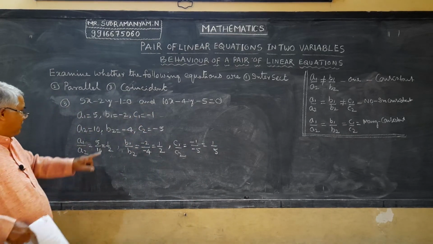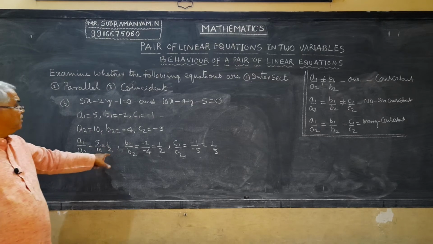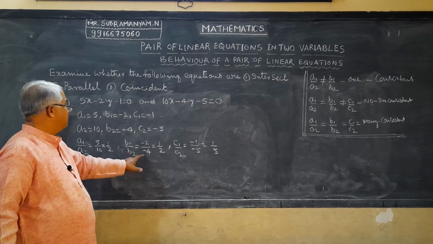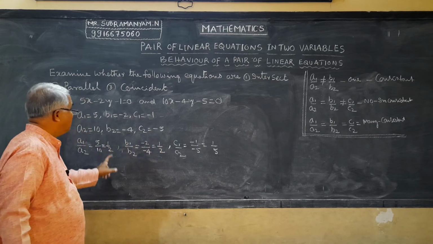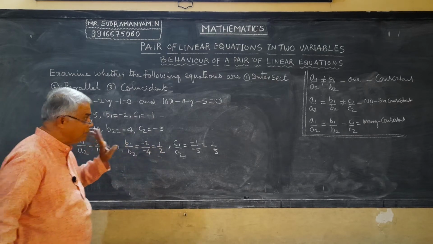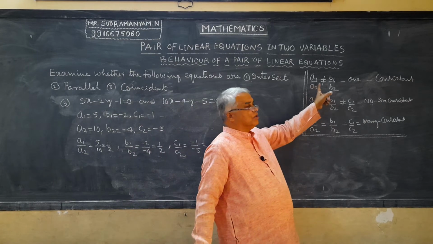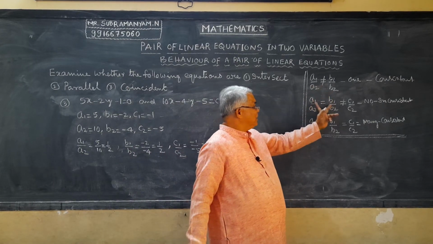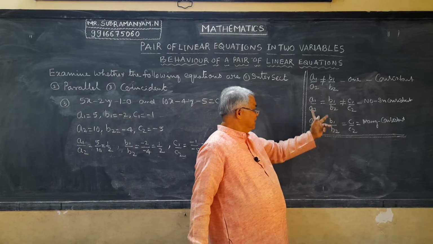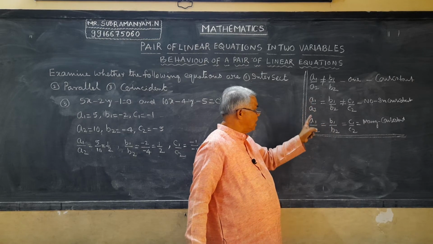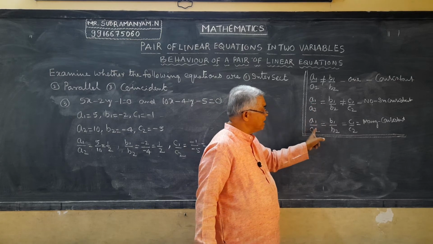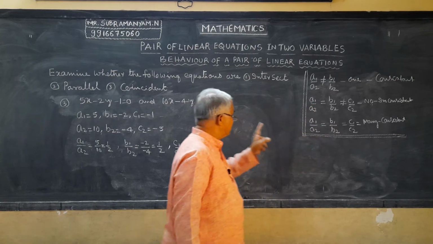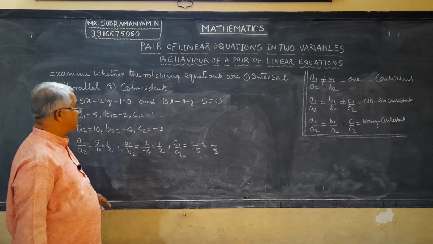Now A1 by A2, B1 by B2, 1 by 2, 1 by 2, that means both are equal. We can't go to the first condition. Both equal, so it can be either the second or the third, and it depends upon the third value, C1 by C2.